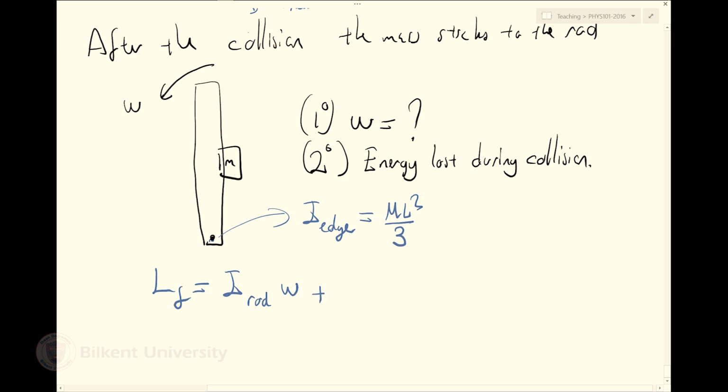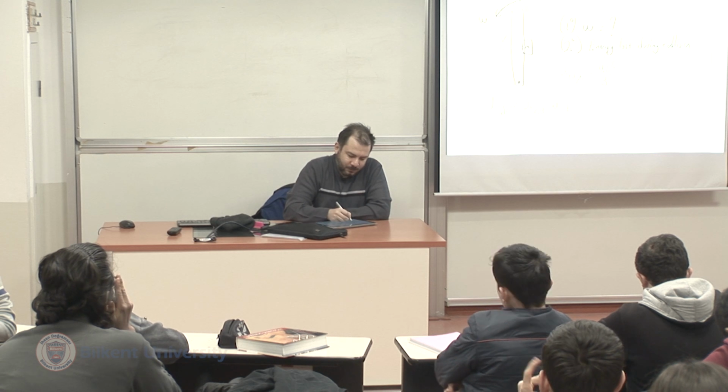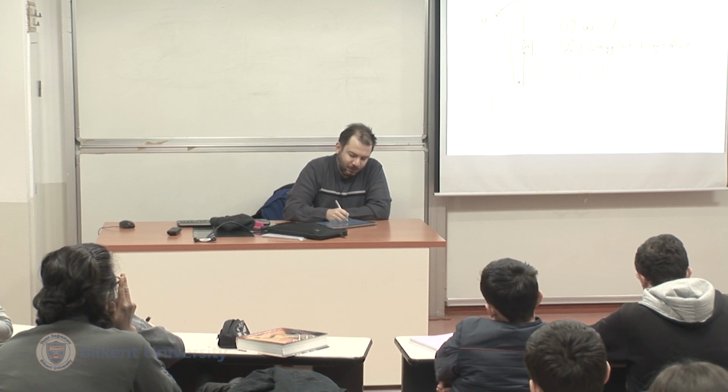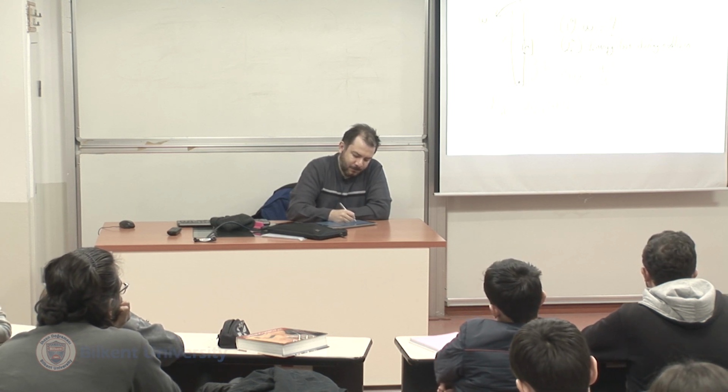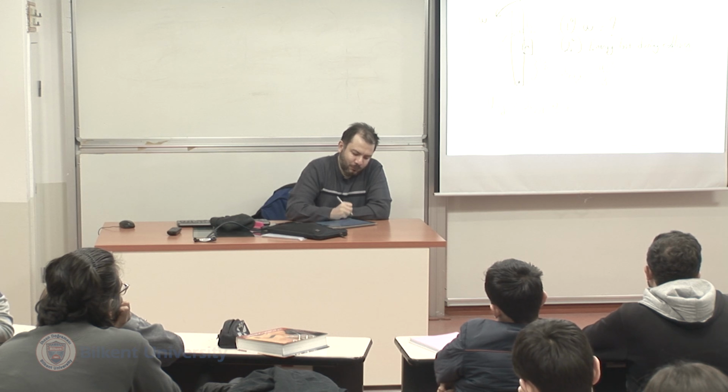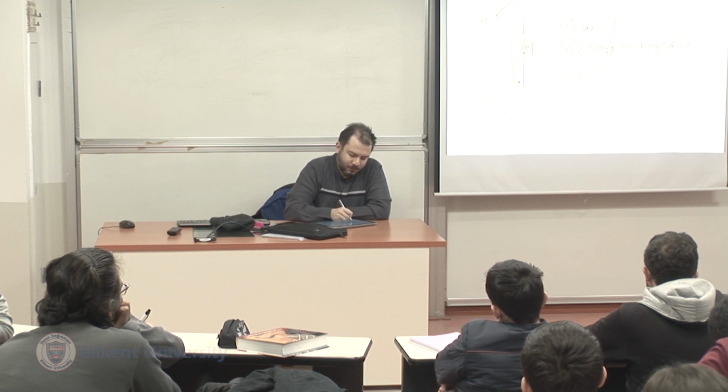But there is another contribution. Again, I should write r cross m times v. But what is v here? If this length is L over 2, v must be omega times L over 2. What's the length here?